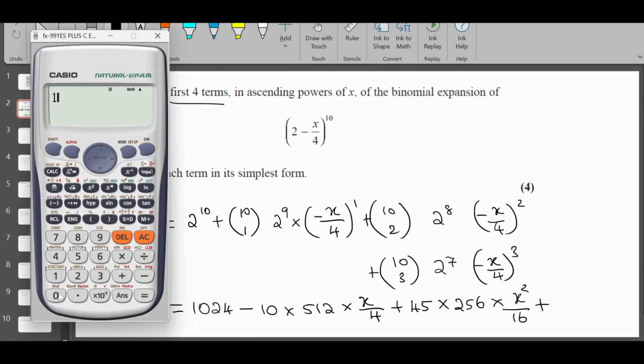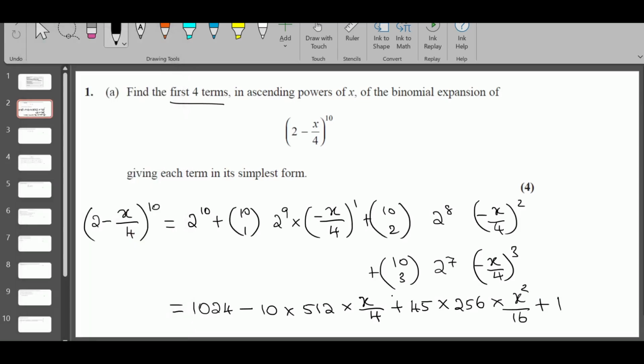10C3 is 120, times 2 power 7, which is half of this, 128, times x cube over 64, but put it as a common negative sign. Now simplify, and you will get the expansion.